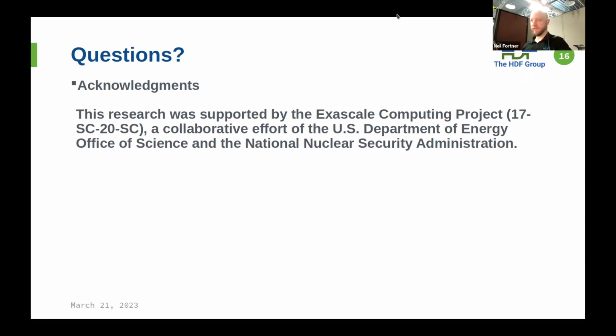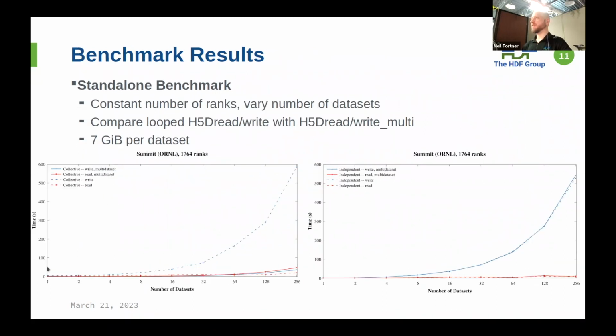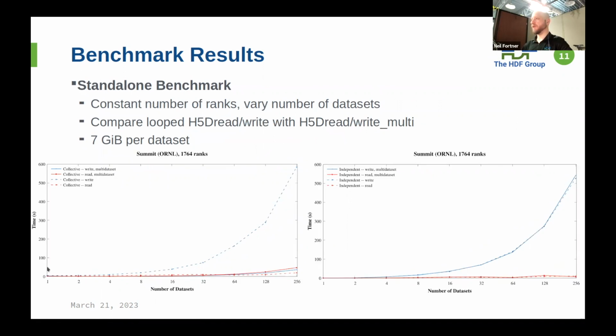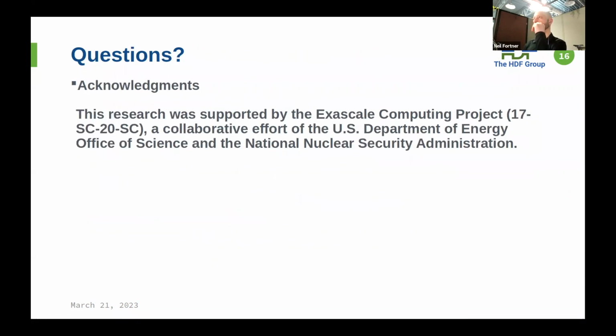I don't think we have that particular benchmark. I think that the ones with the slides are the closest to that. I mean, it only goes up to 256 data sets. My prediction is that it would overwhelm, honestly, the MPI IO layer, but it really depends on the system.